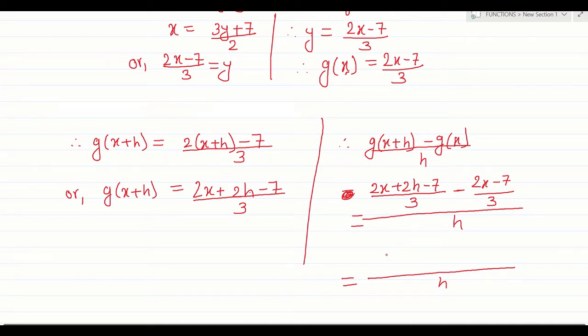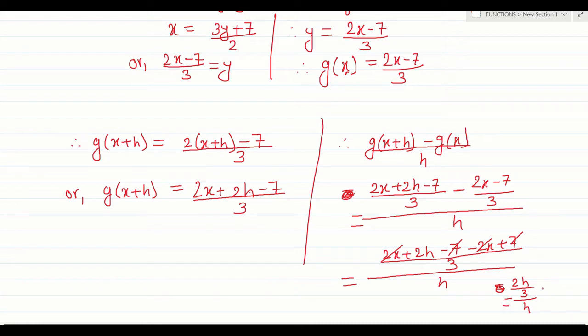So the LCM is 3. So we get (2x plus 2h minus 7 minus 2x plus 7) over 3. Isn't it? Okay, this plus 2x and this minus 2x cancelled. This minus 7 and this plus 7 cancelled. So ultimately we are left with 2h. So it is equal to (2h by 3) over h.